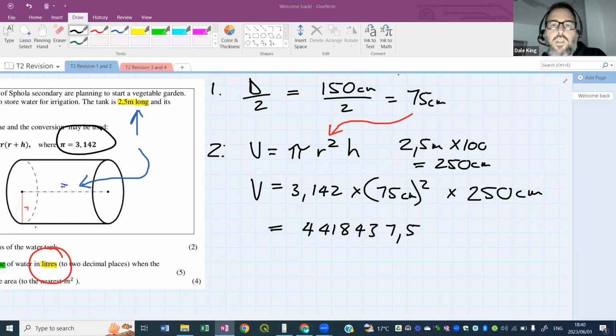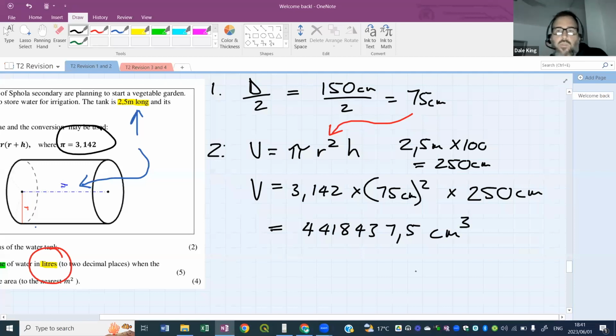Bianca, just check your screen there, we're asking you to unmute. Cubed, yes. Very good. So it's cubic centimeters for volume.